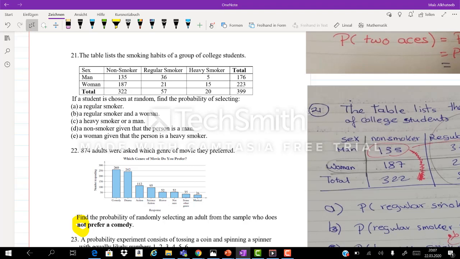The total of men is 176, the total of women is 223, and the sum is 399. Non-smokers are 322, regular 57, heavy 20. If a student is chosen at random, find the probability of selecting a regular smoker.